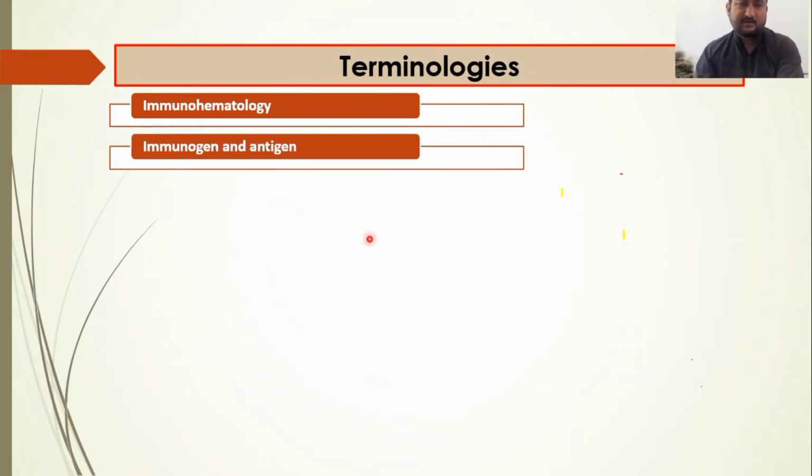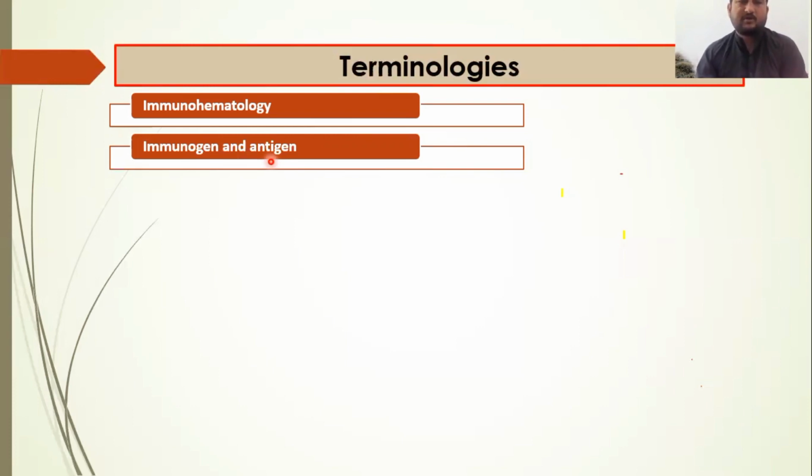Then the next one is immunogen and antigen. Basically, immunogen refers to a molecule that is capable of evoking an immune response by an organism's immune system. But an antigen refers to a molecule that is capable of binding to the product of that immune response.